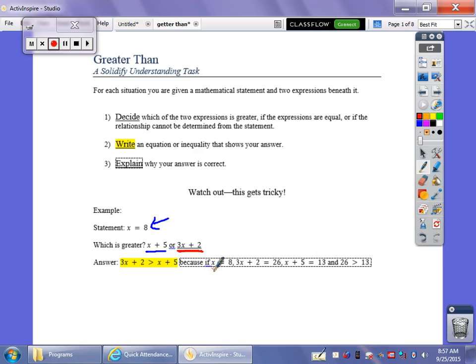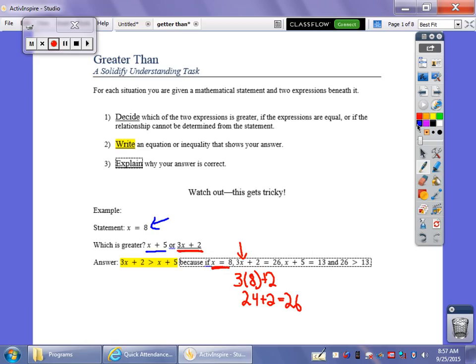So we have 3 times 8 plus 2, and we know that 3 times 8 is 24. We add 2 to 24, and that will give us 26.